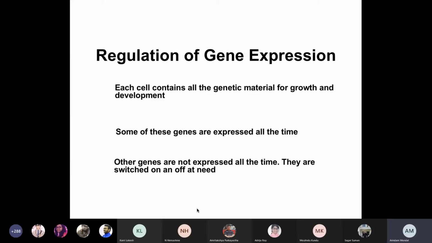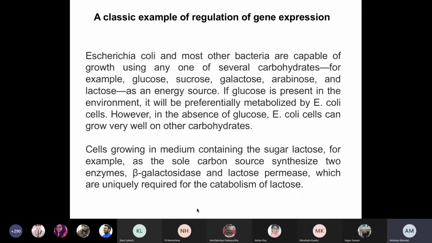Although we have the same genes which are essential for the development of the heart, we still have so many different kinds of organs, like the same organ but with different shape and size. So why is it so? Because there are certain genes which remain switched on and off, which maintains the overall development process. Okay, so that's why regulation of gene expression is extremely important.